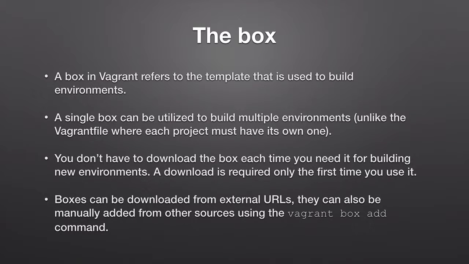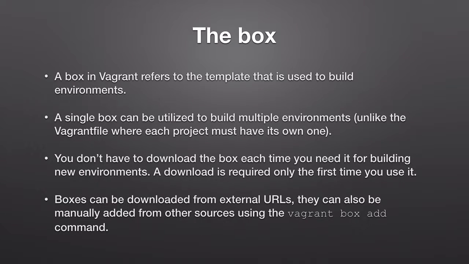And as you saw in the previous lecture, you don't have to download the box each time you need it for building new environments. A download is required only the first time you use the box. And as we said, boxes can be downloaded from external URLs. They can also be manually added from other sources using the vagrant box add command.